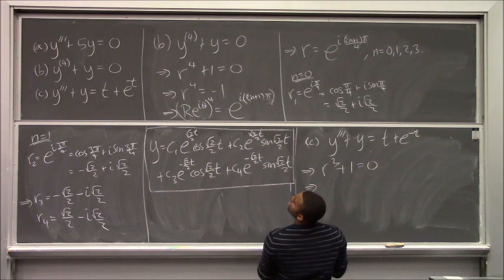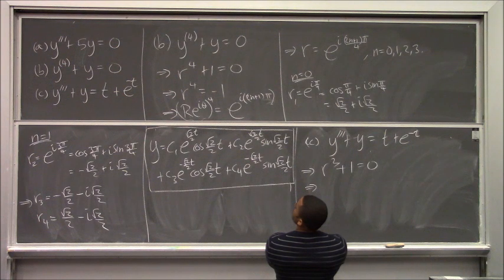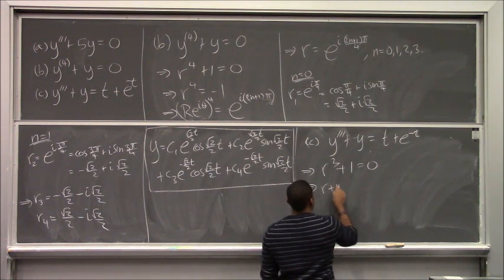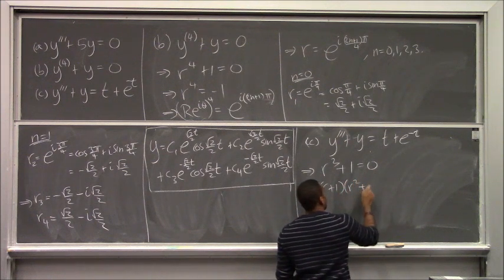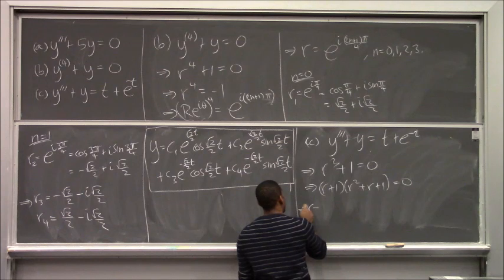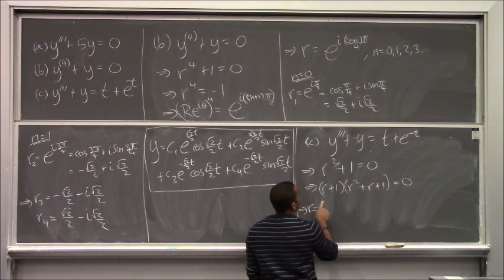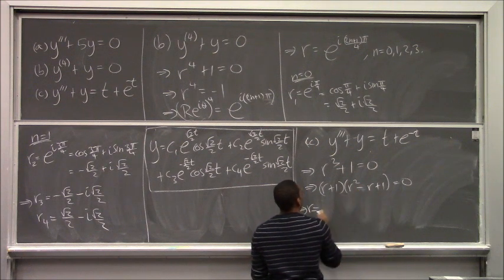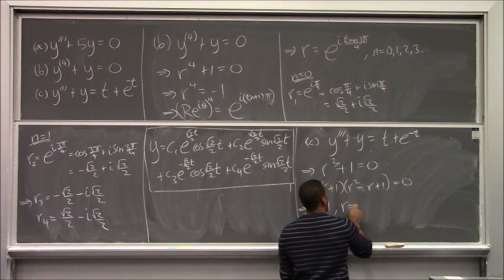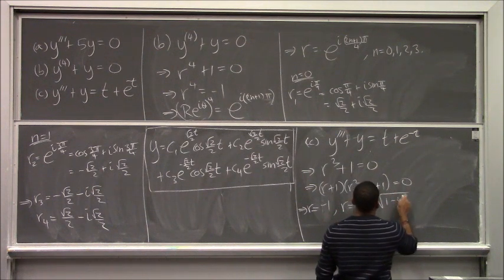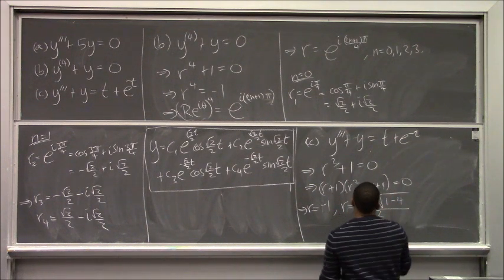Did we already solve that? I feel like we solved this last time, right? Anyway, this one is probably easy enough to do. So my r squared minus r plus 1 equals 0, so r is equal to minus b plus or minus the square root of b squared minus 4ac all over 2a.